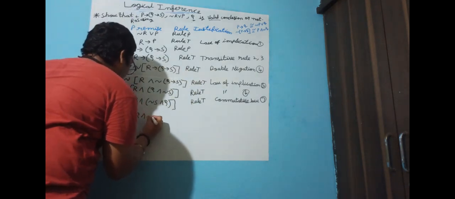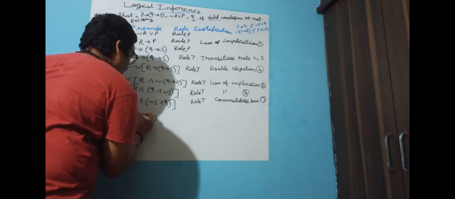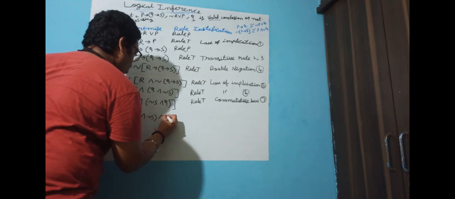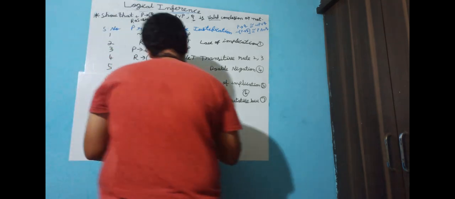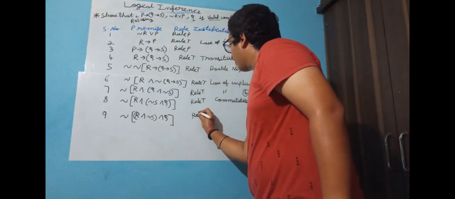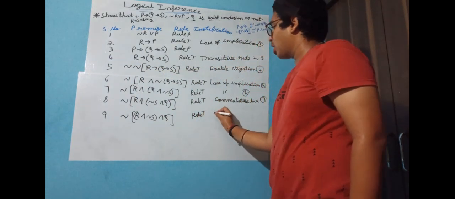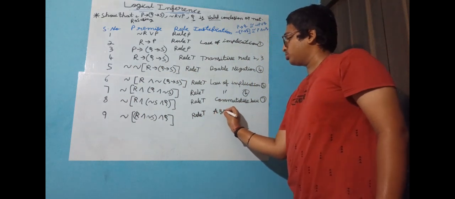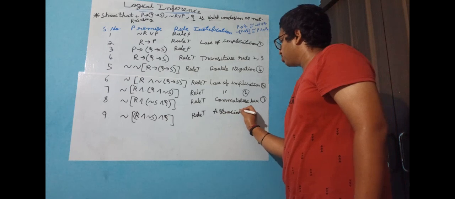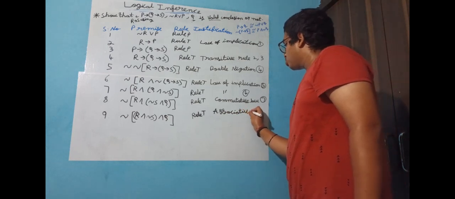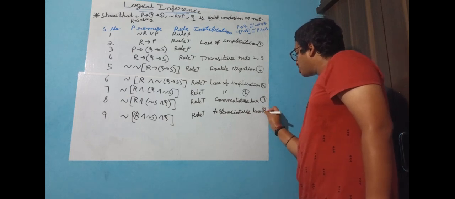R and negation S, and Q. Here rule T, by which law? Associative law for step 8. You need to mention it everywhere.